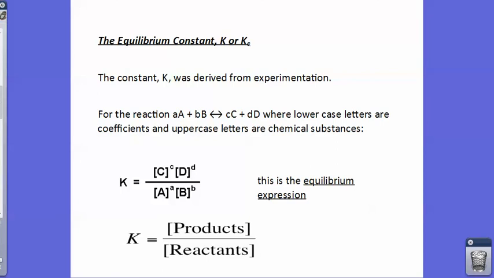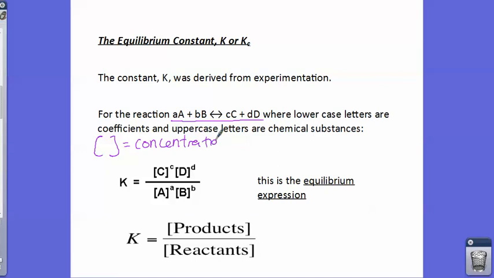So I kind of made up this reaction where our uppercase letters represent our chemical substances and our lowercase letters represent the coefficients out in front to balance it. So K is going to be equal to the bracket. The bracket indicates concentration.